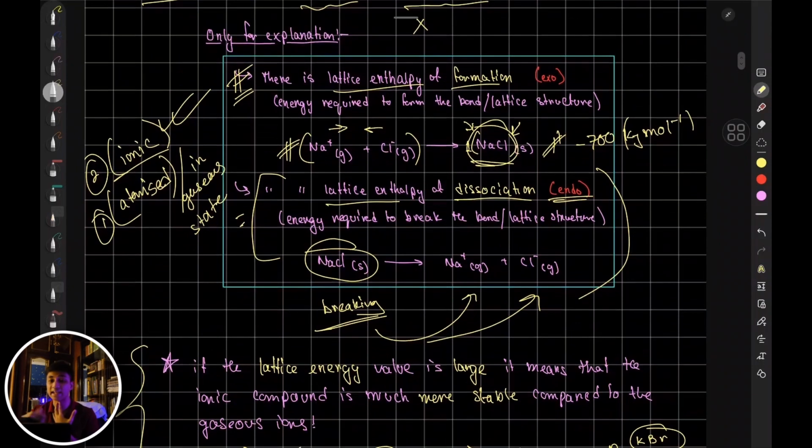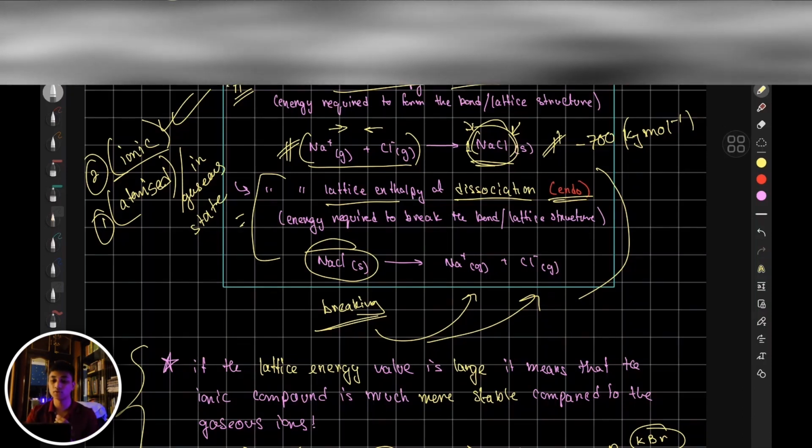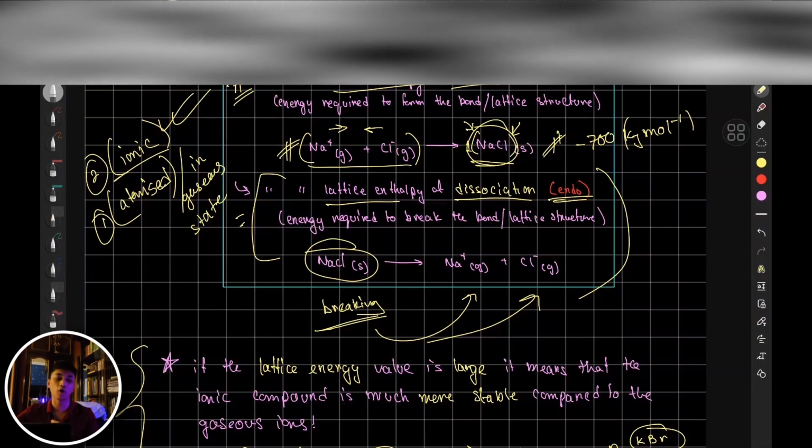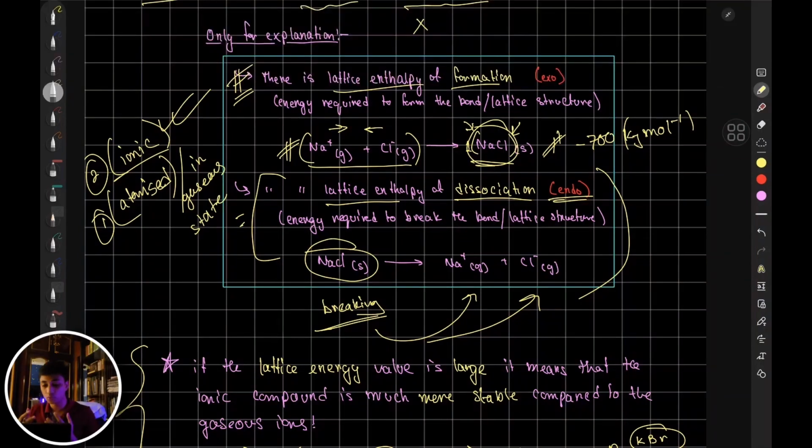Because for NaCl, the separate sodium ions and chloride ions are not stable at all. They have great attractive forces between themselves, so they're not stable at all. However, when they form the NaCl bond, they're comparatively much more stable.